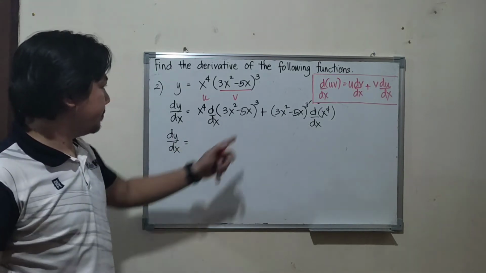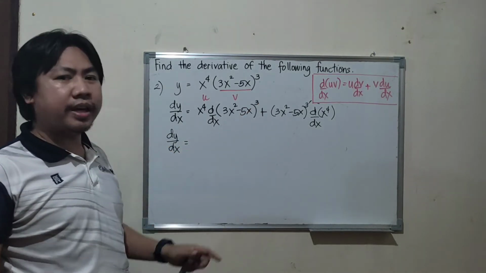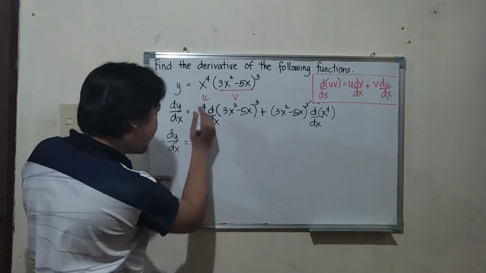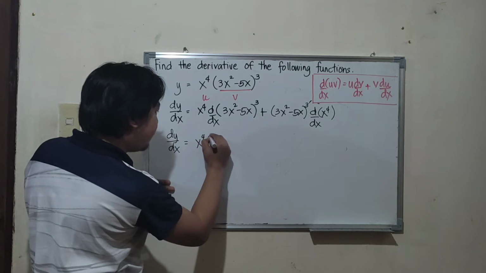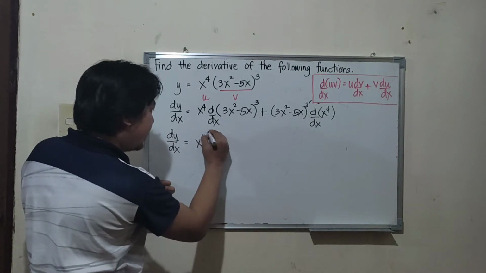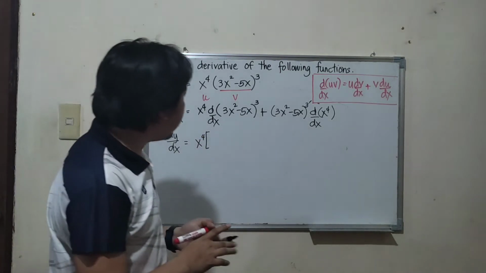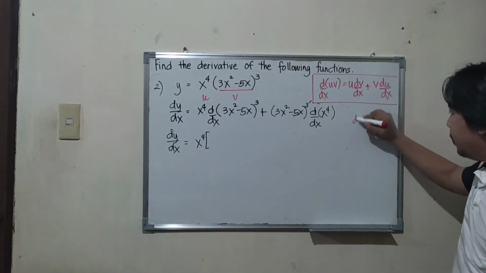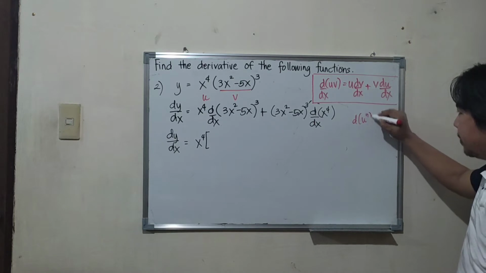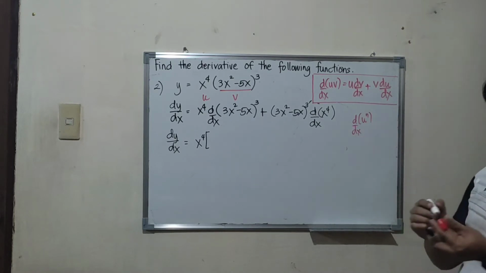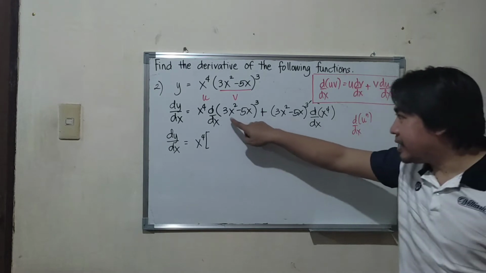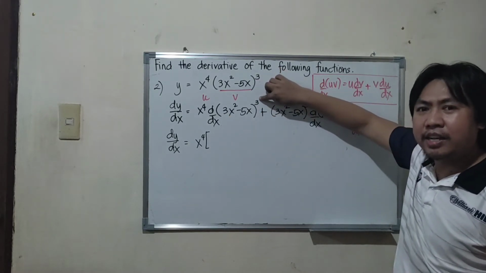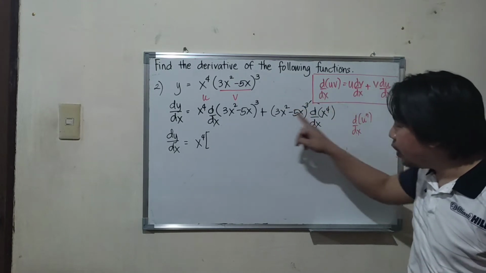Okay, so now apply the formula. So we have exponent, so we can use the... Okay, so just copy first x to the fourth, and then let's evaluate the derivative of this 3x squared minus 5x cubed. So we can use the formula derivative of u to the n with respect to x. So in this problem, this is the u, 3x squared minus 5x raised to 3. Okay? So use the power rule or power formula.